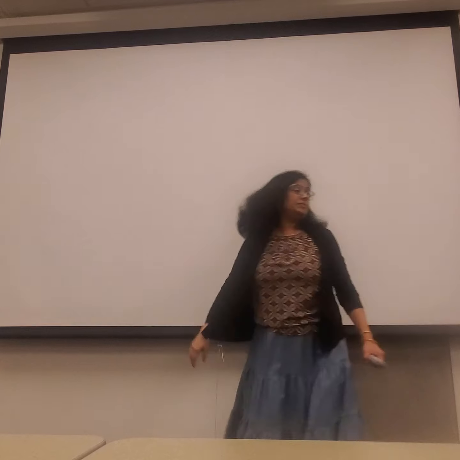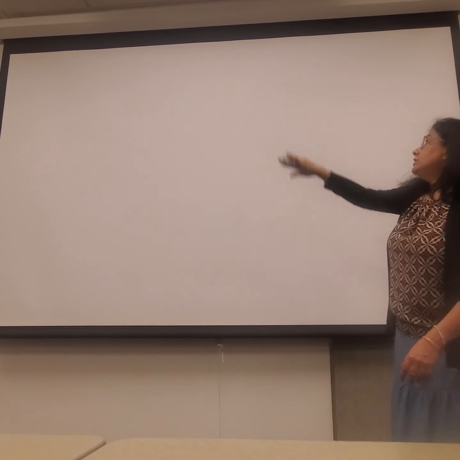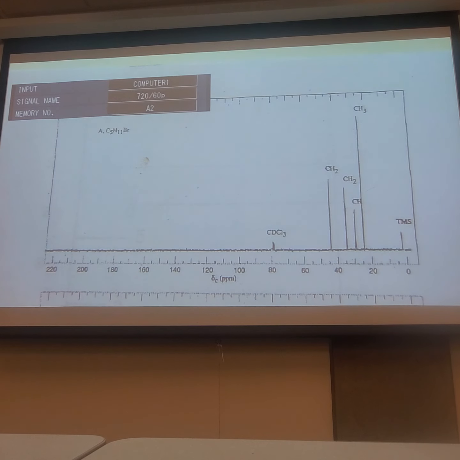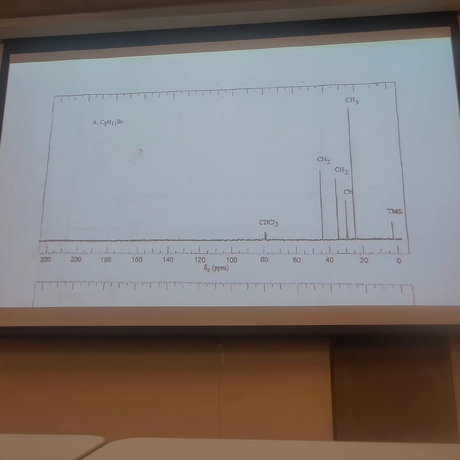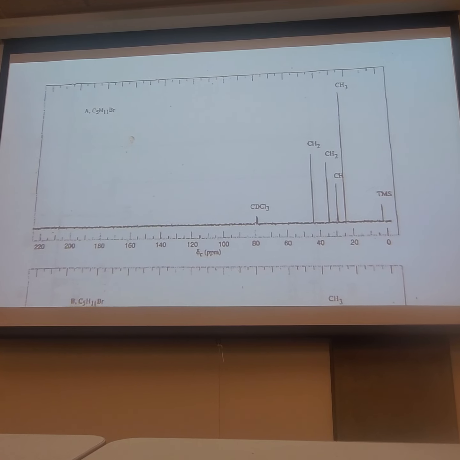In the first spectrum on the front page of this new handout, they have given us that information, telling us whether each of the carbon signals is CH3, CH2, or CH. That comes from what is called the DEPT experiment. It's an NMR experiment, but we are not getting into it.